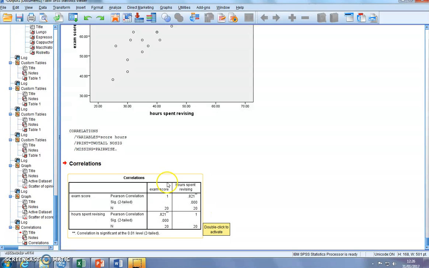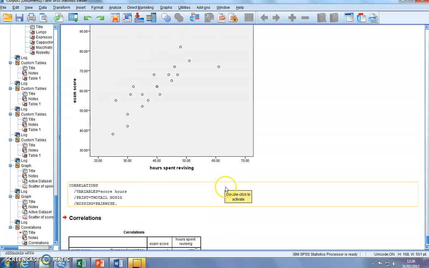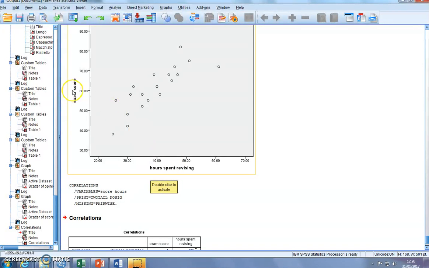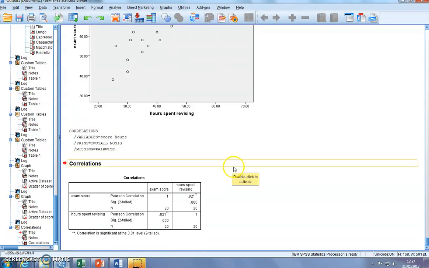And the inverse relationship here is the same as that one. So the relationship between this one and that one is 0.821, but the relationship between this one and that one is also 0.821. This is SPSS's way of saying, yes, there is no causal effect. It's basically an association. It can be both ways.